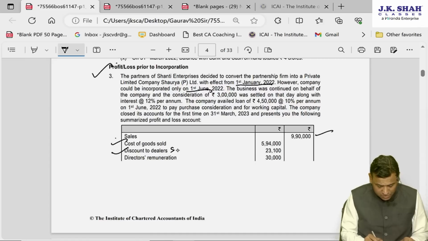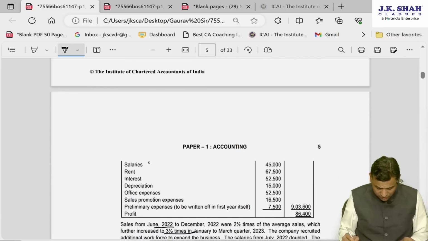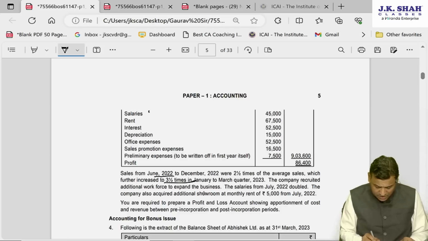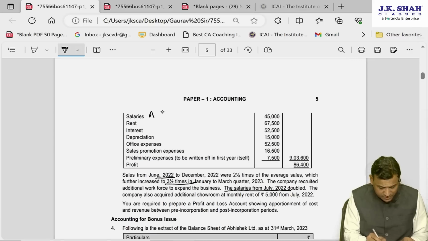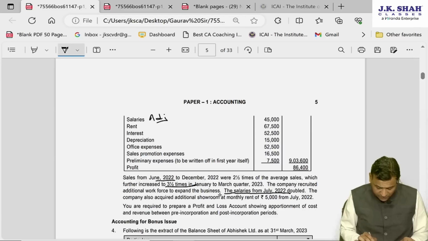Directors' remuneration will be post only. Salaries, of course, there is some adjustment, as some salaries they have talked about, so we have to look at the adjustment. As far as rent is concerned, there is also some adjustment.